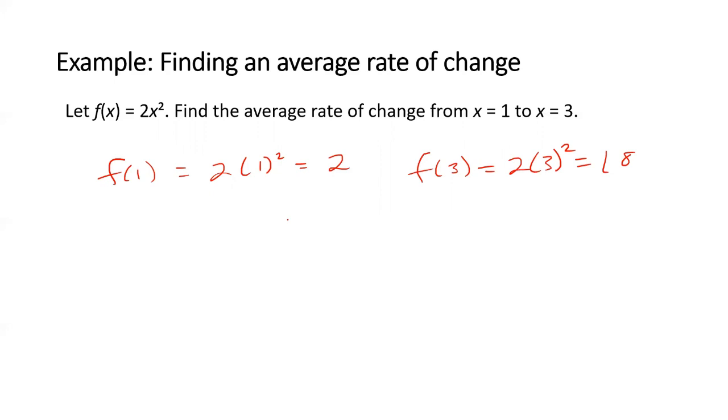So then to find my average rate of change, I'm going to do my y2 minus y1 over x2 minus x1. And my y2, I got 18. My y1, I got 2. My x2 was 3. My x1 was 1.